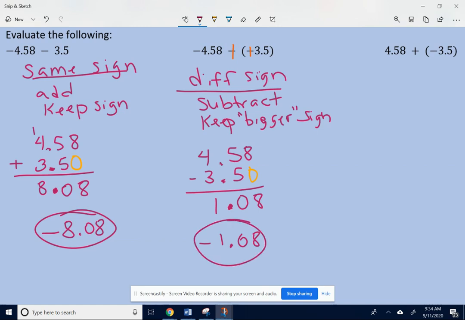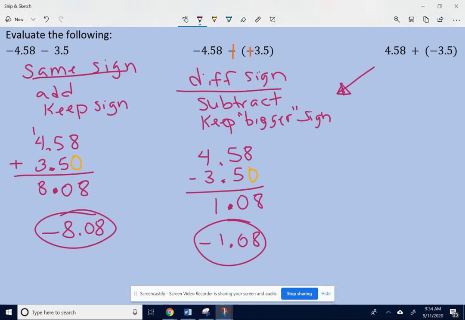Last one. We have 4.58 plus a negative 3.5. Notice in this problem, the signs are different again. So we need to subtract again and keep the sign of the bigger number again.